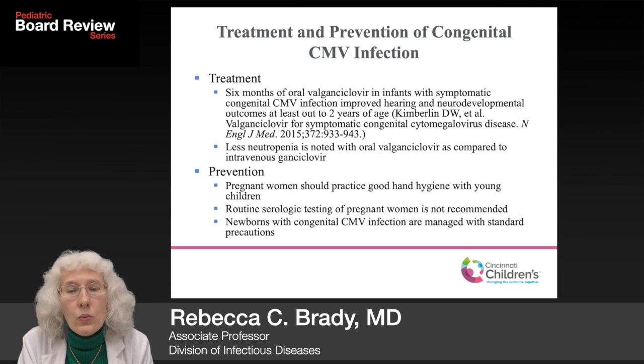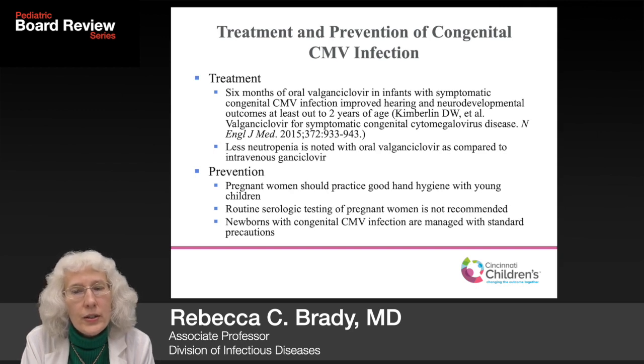The risk with valganciclovir is neutropenia, but there is less risk with oral valganciclovir as compared to the previous therapy that we had to offer, which was intravenous ganciclovir, which had more neutropenia, obviously the increased risk of having to have a PICC line in a young infant.